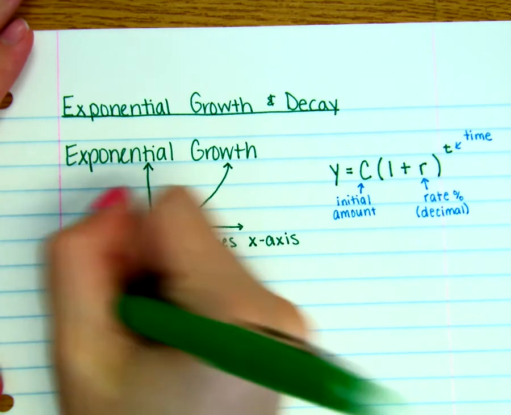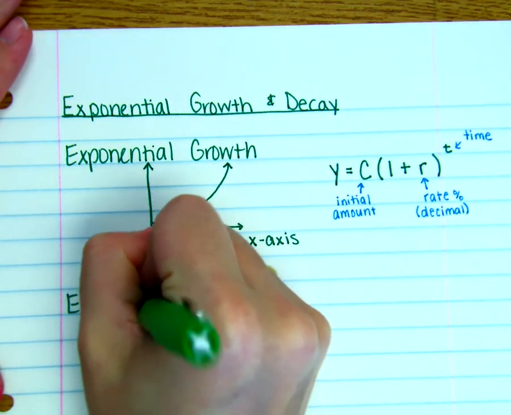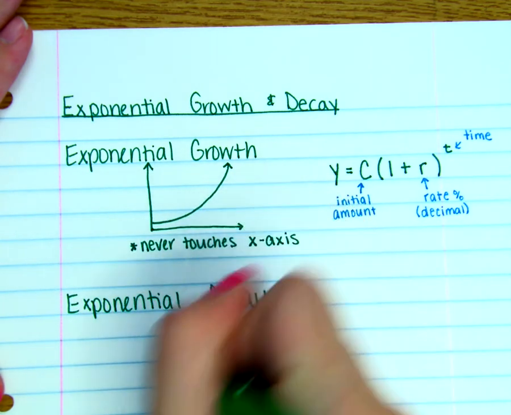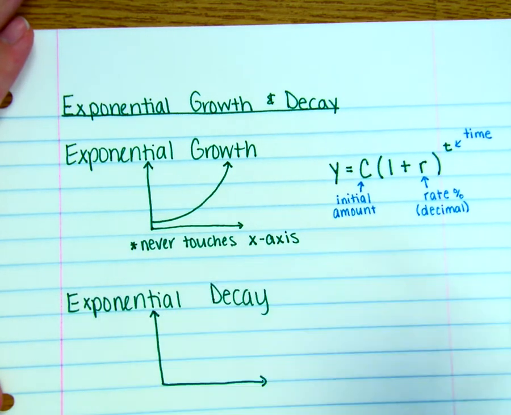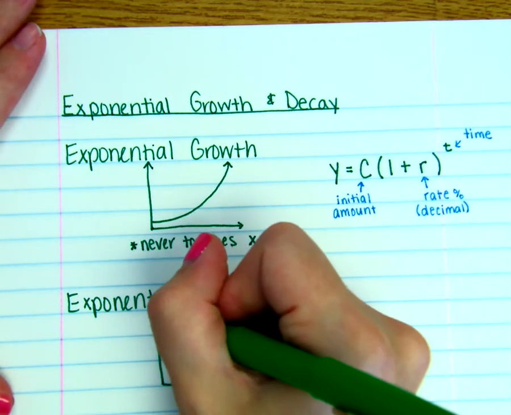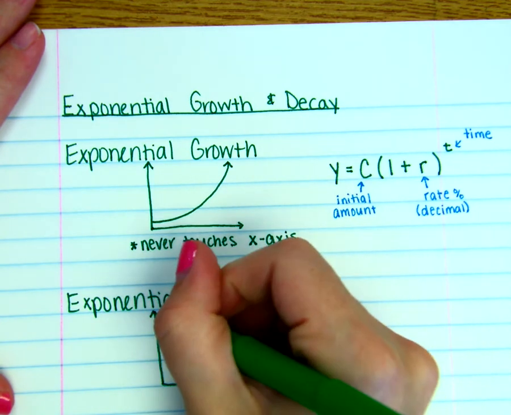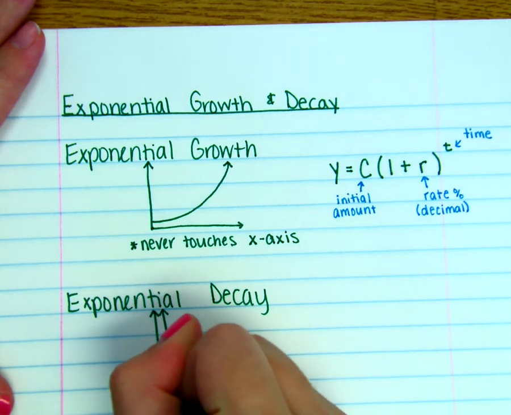We also have exponential decay functions. Exponential decay is very similar, only it starts up and then it goes down. And when it goes down, it also never touches the x-axis.